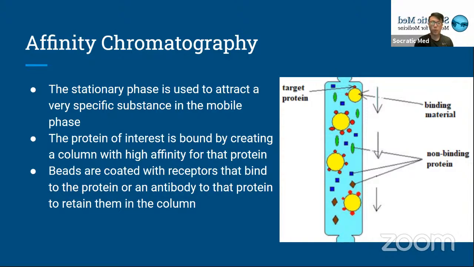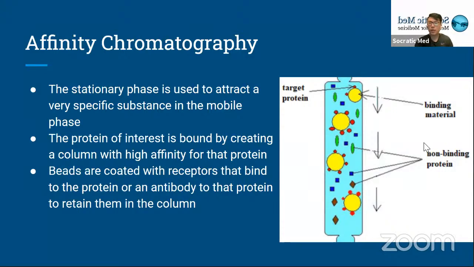Like I said before, you can have beads that are coated with receptors that bind to that specific protein, or use an antibody that binds that specific protein in order to retain the desired protein in the column.